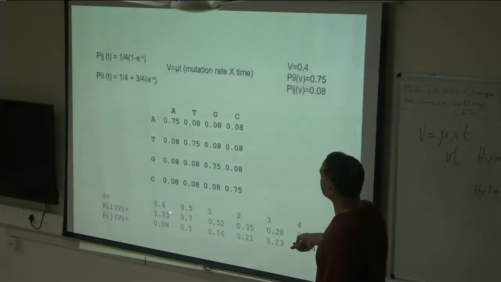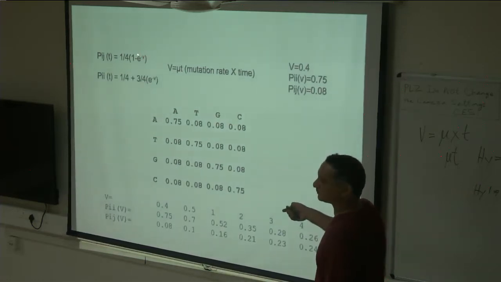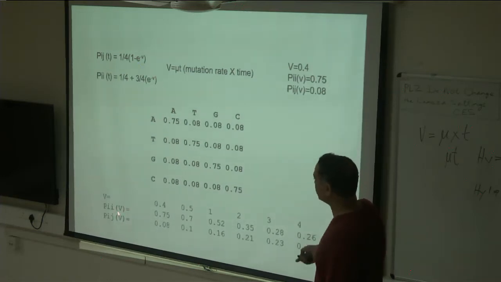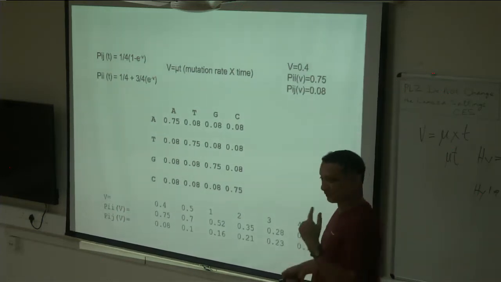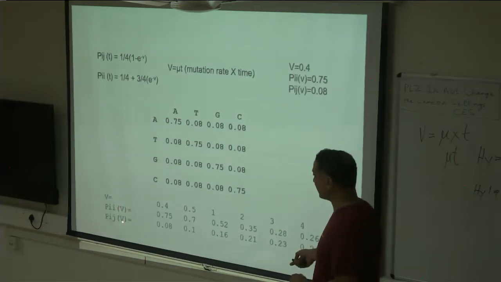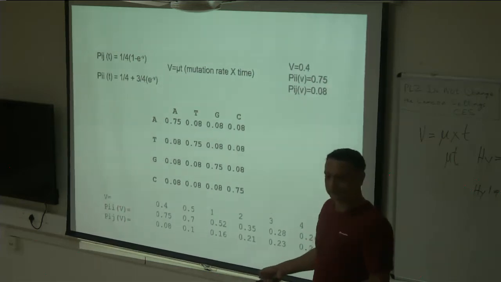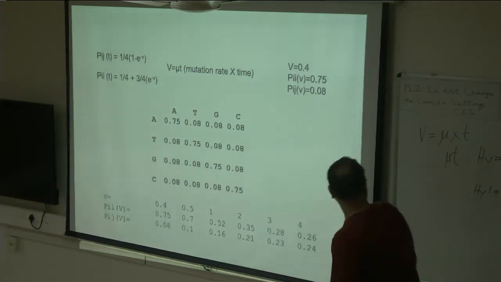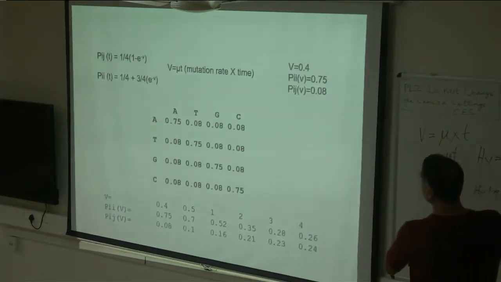You take this branch length, plug it in there, and you get PII, probability of no change, and Pij, probability of change. Okay? And remember, this is a very simple calculation.